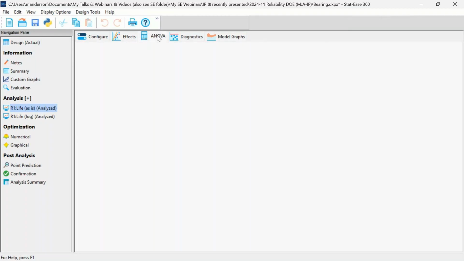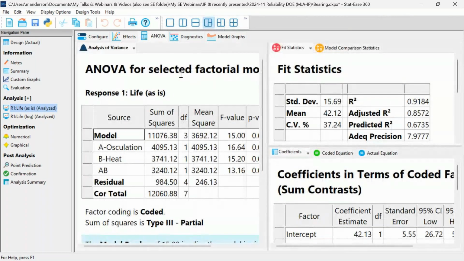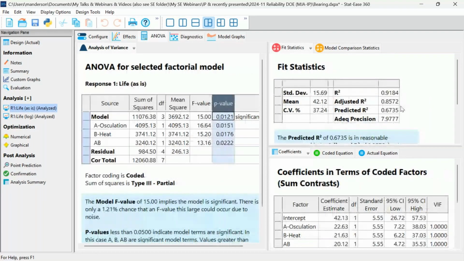Now what happens with this is because the life was increased by such a great amount, it turns out that there's some issues with the fitting that pop up. To start with, it looks very good for p-values, and the adjusted and predicted R squared and adequate precision are all very good.